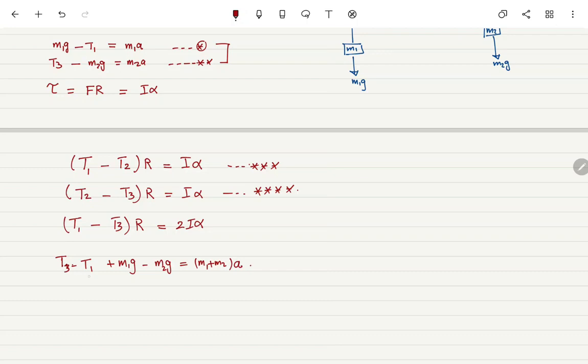Just rearrange this equation here: T1 minus T3 equals (M1 minus M2)G minus (M1 plus M2)G.